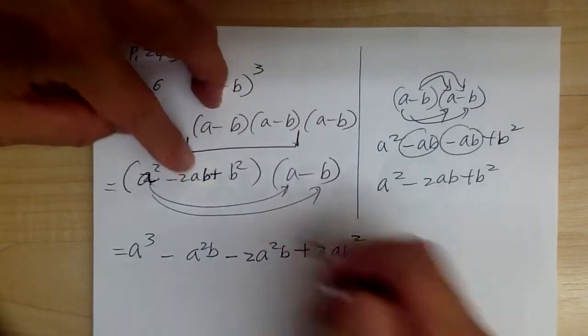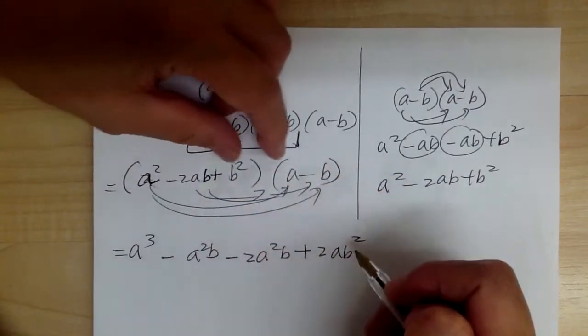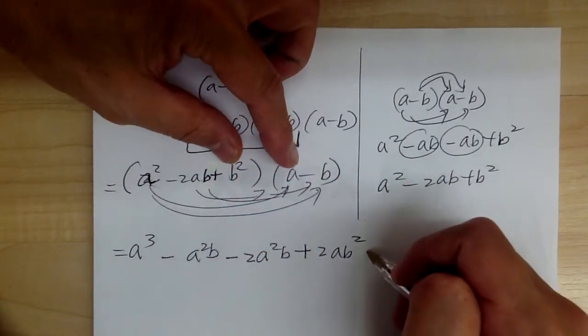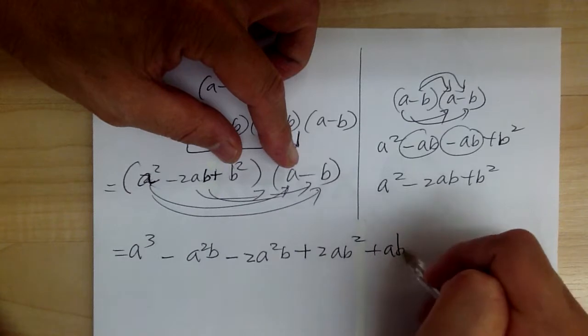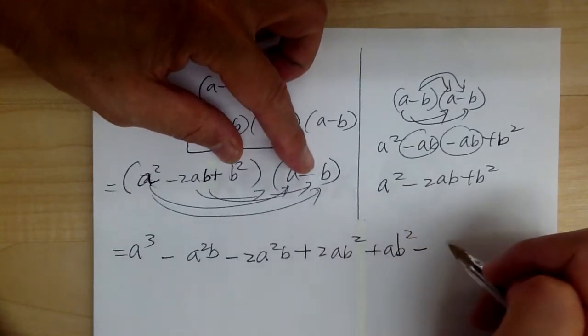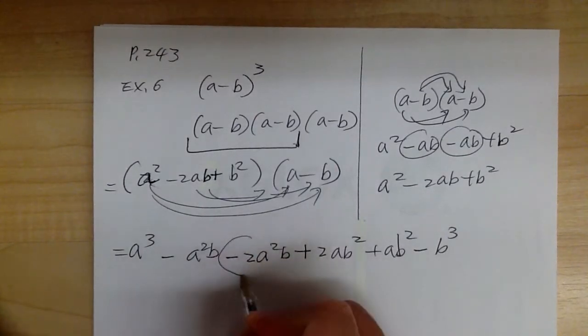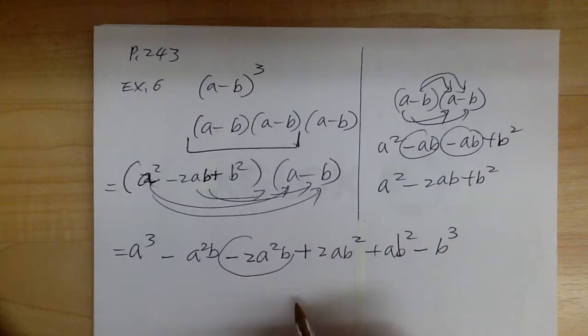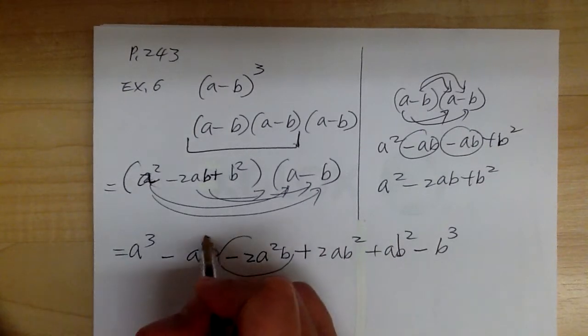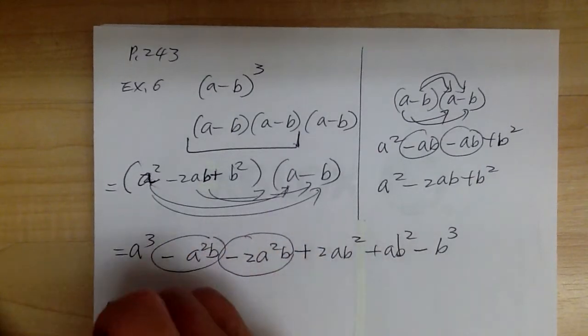Now I'm done with the second one. Then I'm going to do the last one. So sign, number, alphabet. Sign, number, alphabet. Okay, so now I'm going to combine the like terms. So notice, look for a squared b. So we got a squared b, a squared b.